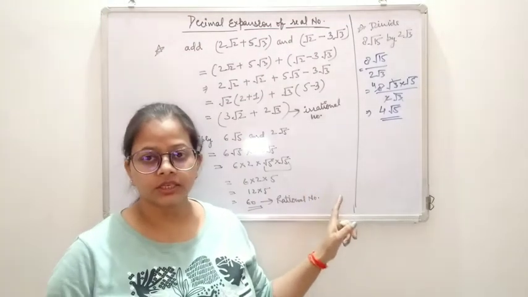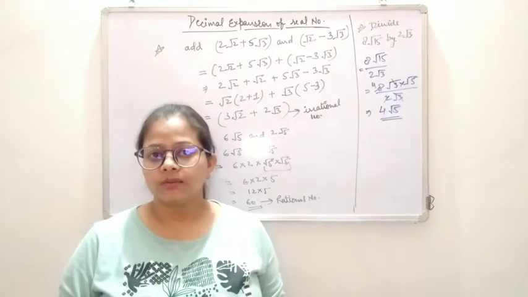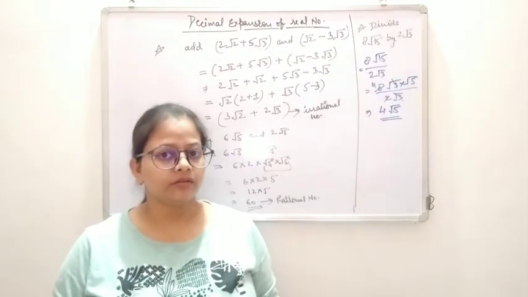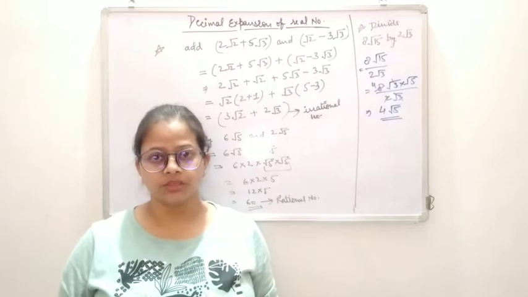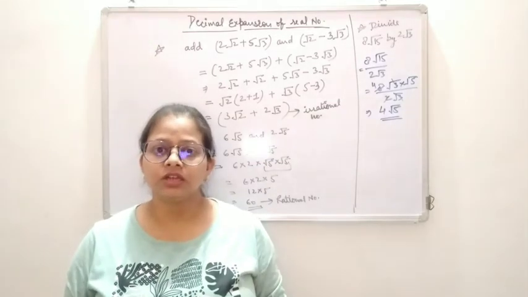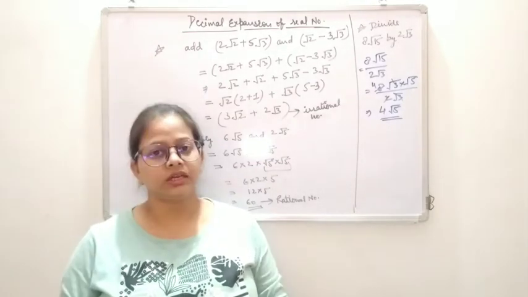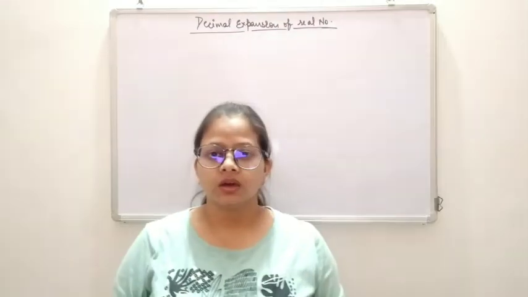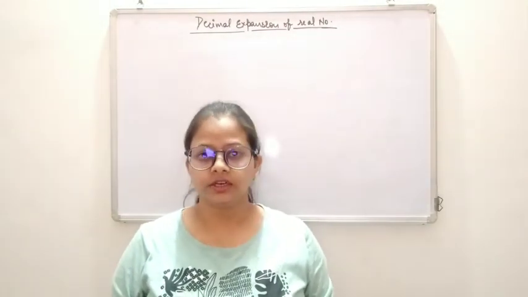And the third thing is if we add, multiply, subtract or divide any two irrational numbers, then the result may be rational or irrational. Alright? Okay, so I hope this is clear to you.